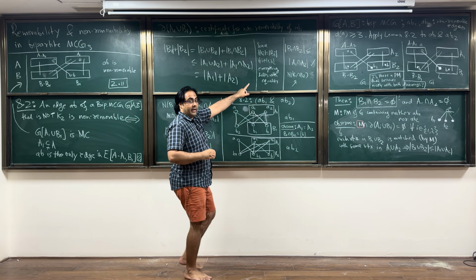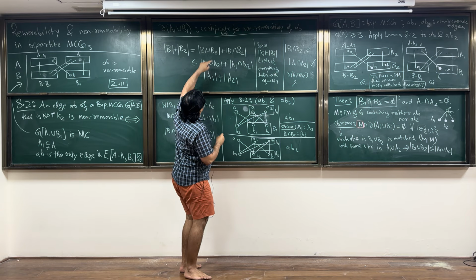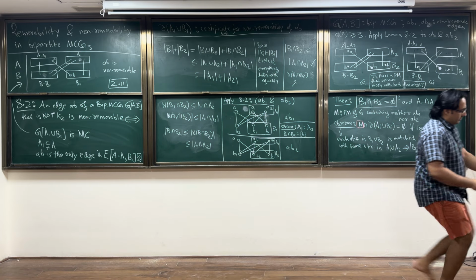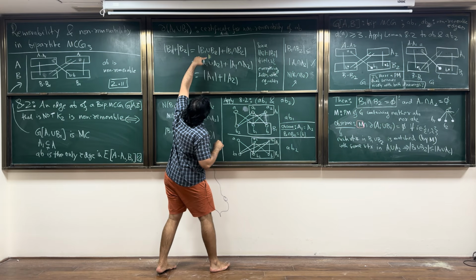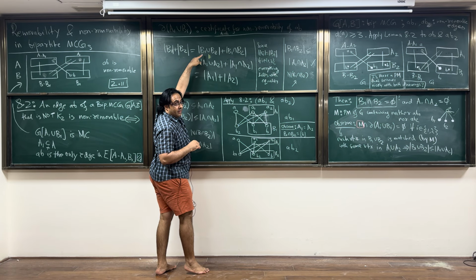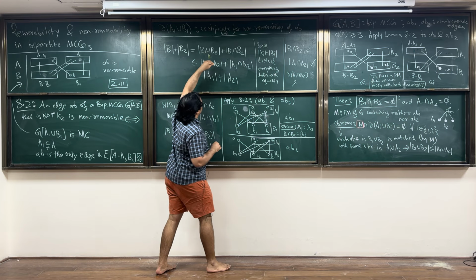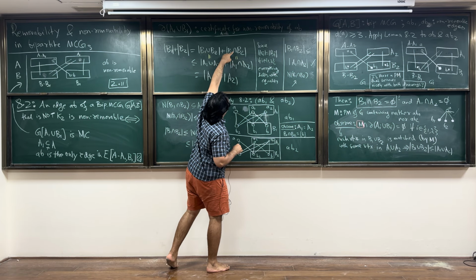You all agree? This is actually equal to this. This fellow actually has to be equal to this fellow because this was term-wise inequality. You remember all that? This was also term-wise inequality, so this also has to be equal to this fellow.